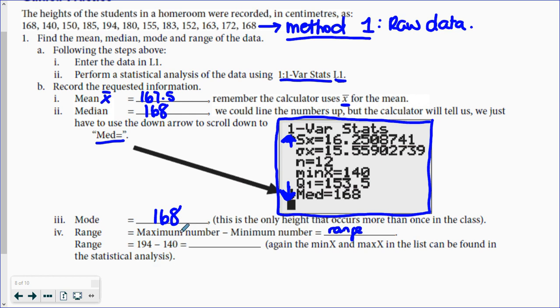I think if you keep scrolling down, there should be something that says max X. So again, if you don't want to look through here and try to figure out the highest number, your calculator will tell you. So our range will be 54. Oh, I should have just kept reading. Min X and max X can be found in the statistical analysis. So the only one that you really can't find in your calculator is the mode. Everything else you can find at least enough information to answer it.